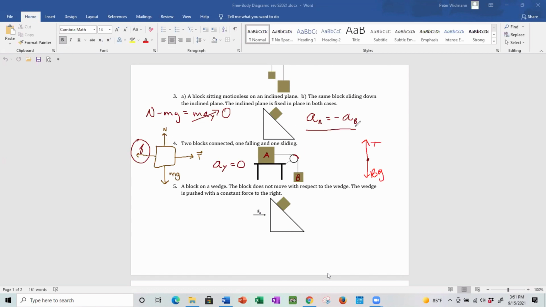This equation of constraint allows us to solve for the friction and the tension. We'll actually solve problems shortly and you'll see how it works. But the first step is to write down the free body diagrams and to understand what the constraints are.